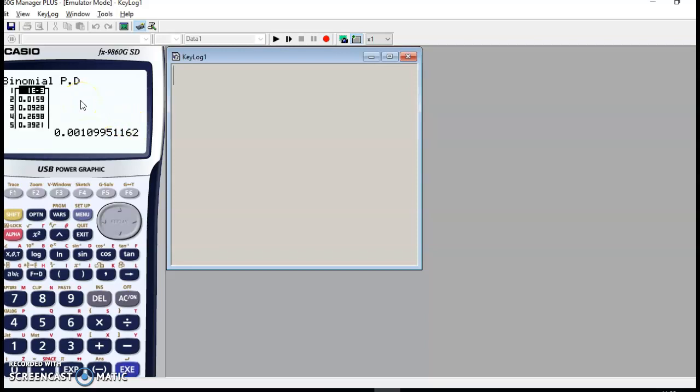So these are the individual probabilities for all these 6 values. So 0 trout, 1 trout, 2 trouts, 3, 4, 5.